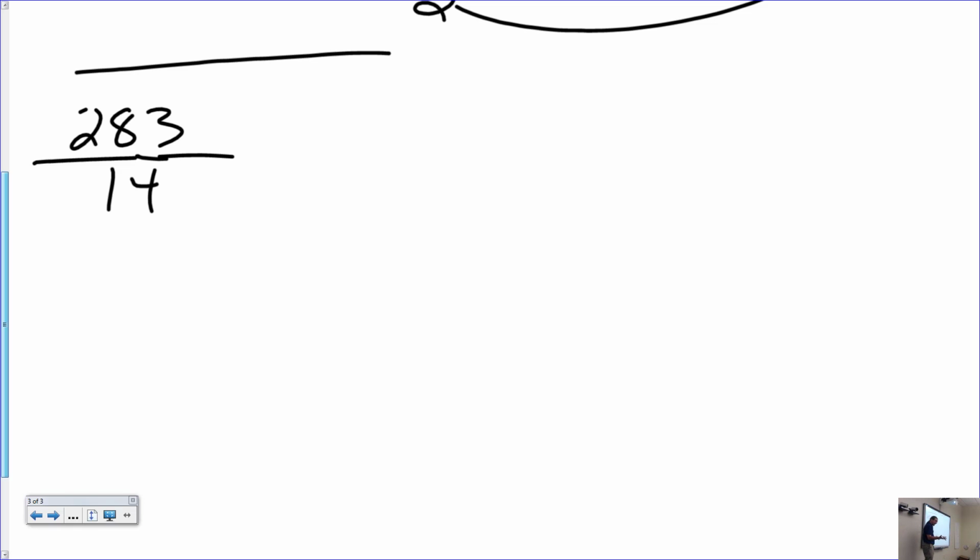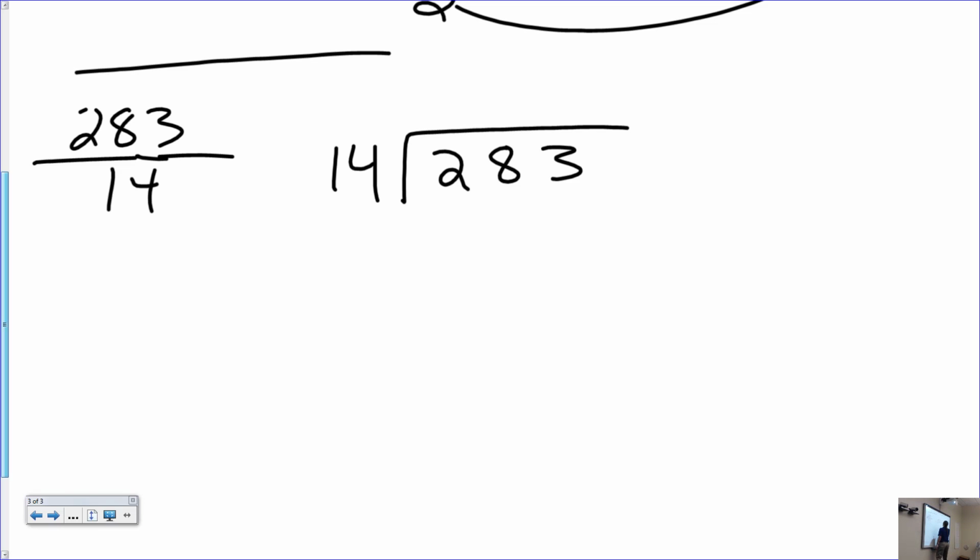Same thing. It's not like it's any different. Okay, it's just now you have to remember, how does this work again? Do you guys know off the top of your head how many times 14 goes into the number 283? No. You might be able to do it, but the way that we have been taught prior to this probably is we look at 14 and say, hey, can it go into the number 28?